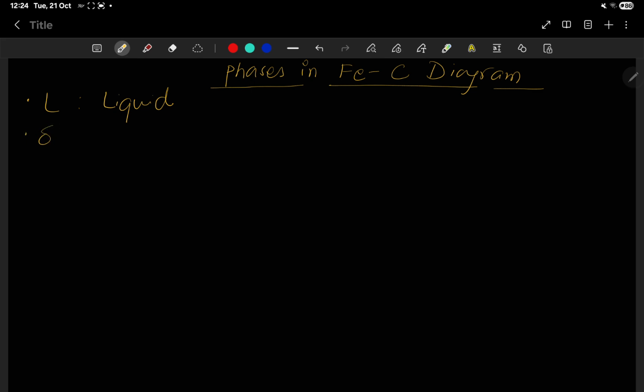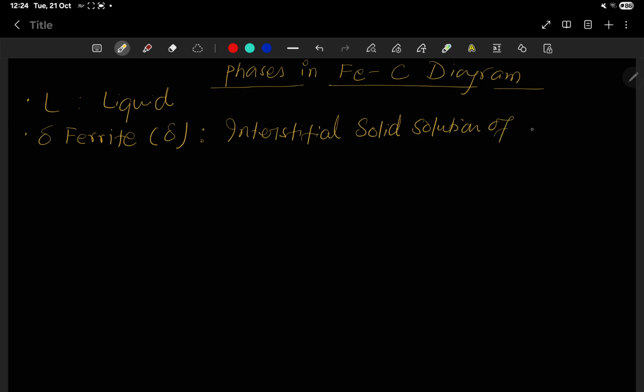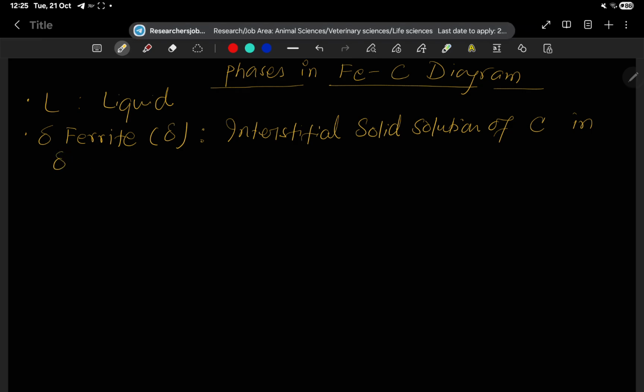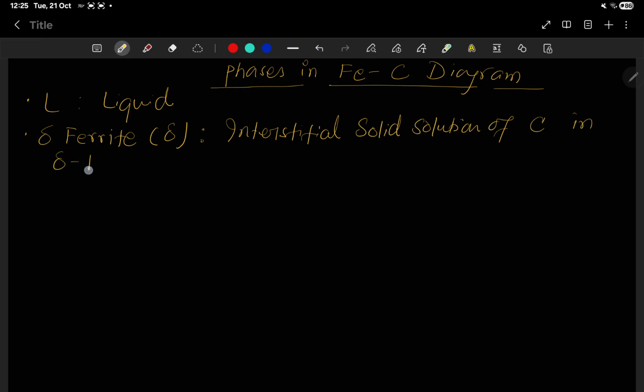Another phase is delta ferrite, denoted by delta. This is an interstitial solid solution of carbon in delta iron, which is BCC in nature.